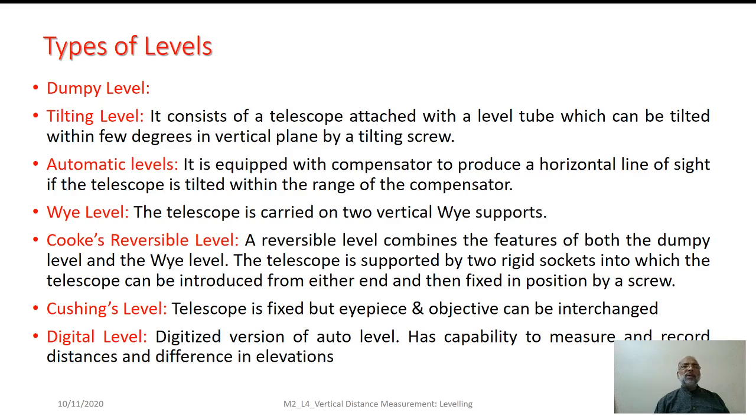In order to carry out leveling, the basic equipment that we use is known as a level.